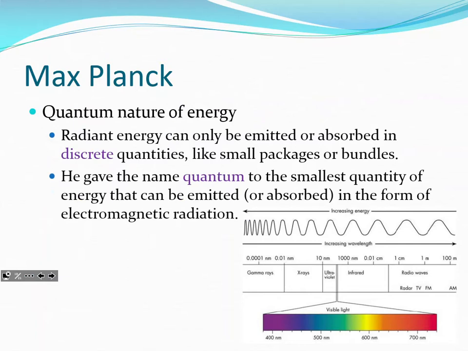So those ideas there were created by Bohr, and the idea of a principal energy level still holds true. There are principal energy levels for the electron cloud and where the electrons will be. It's just that those principal energy levels are a lot more complicated than just specified orbits. Okay?